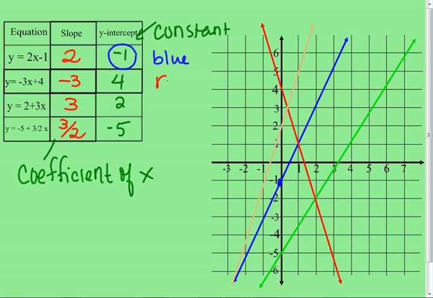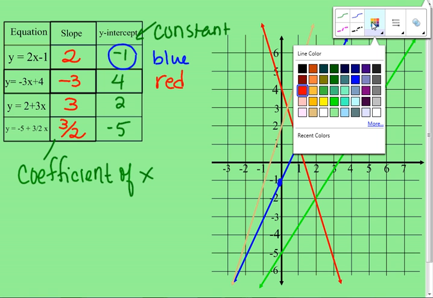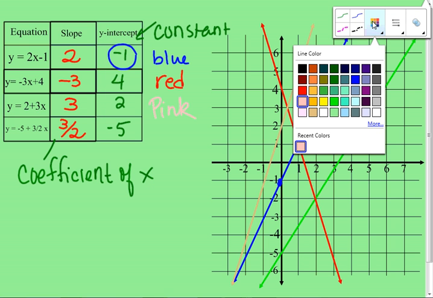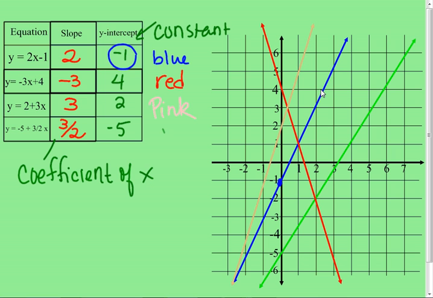That's the red. What one has the y-intercept of +2? The pink. And the last one, kind of a green. There you go. That one wasn't too bad.